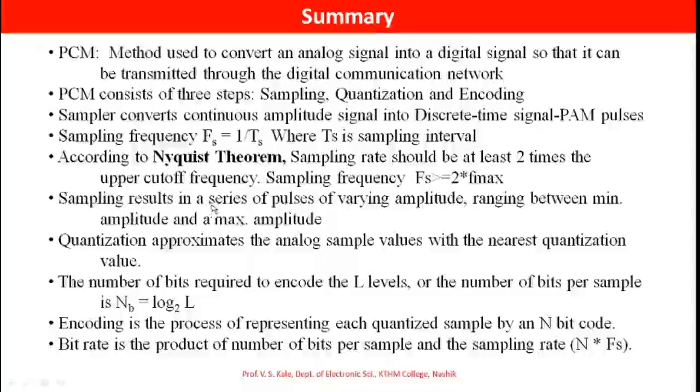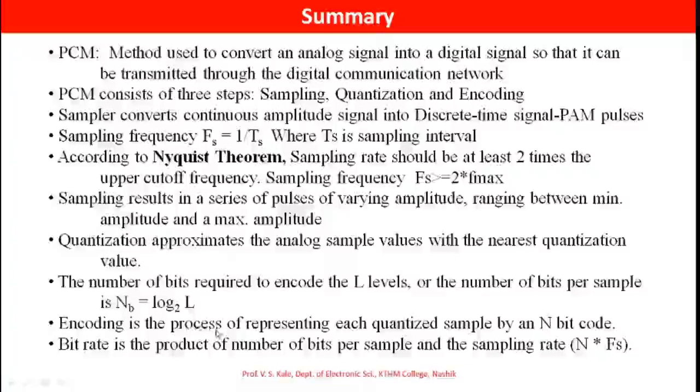Sampling results in a series of pulses of varying amplitude ranging between minimum amplitude and maximum amplitude. Quantization approximates the analog sample values with the nearest quantization value. The number of bits required to encode the L levels, or the number of bits per sample, NB, is equal to log of L to the base 2.